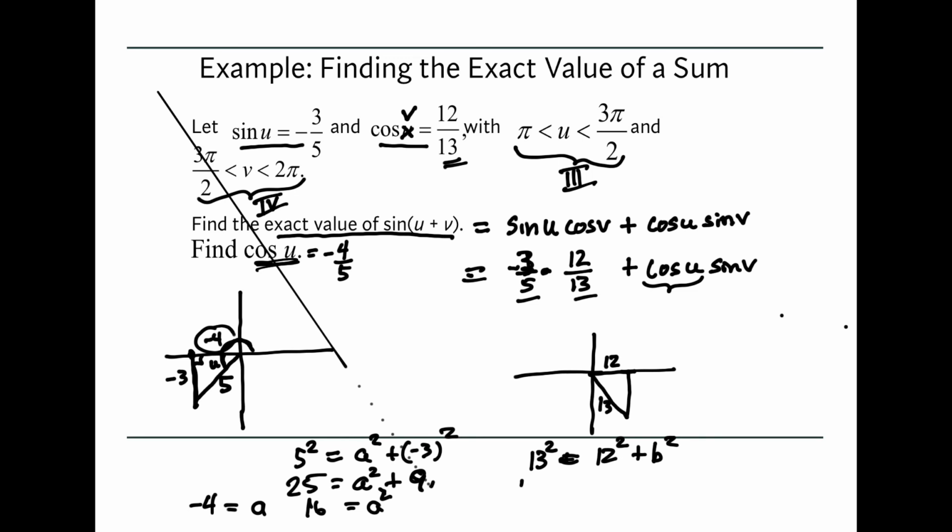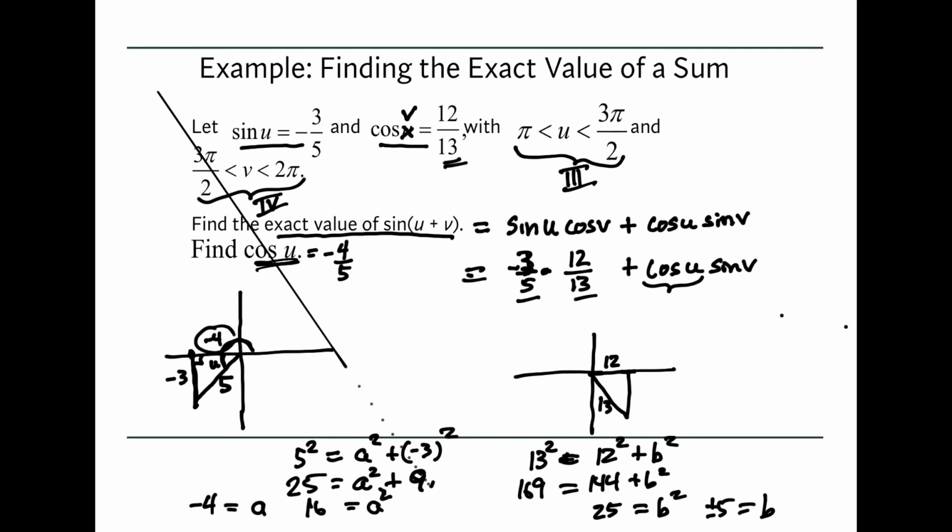And that's 169 equals 144 plus b squared. And 169 minus 144 is a lovely number. So subtracting 144 to the other side, we get 25 equaling b squared. And so b is equal to either positive or negative 5.